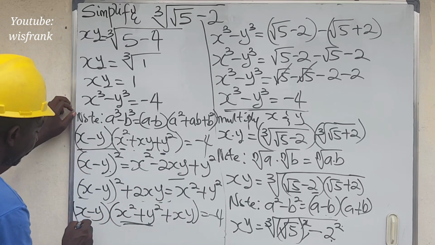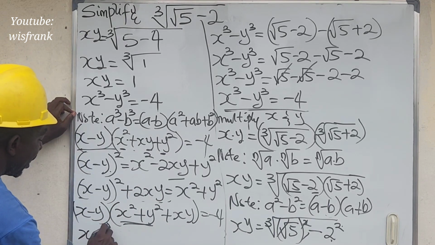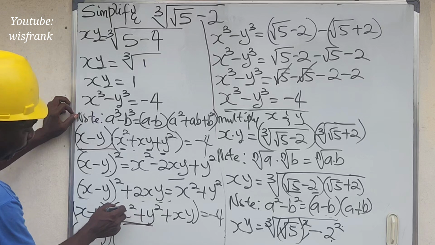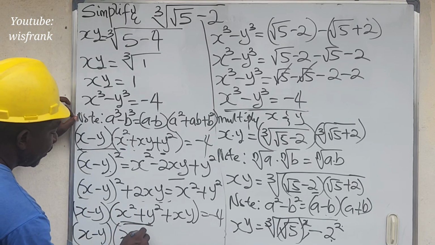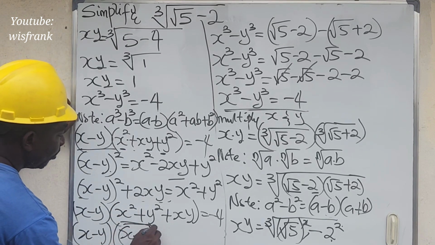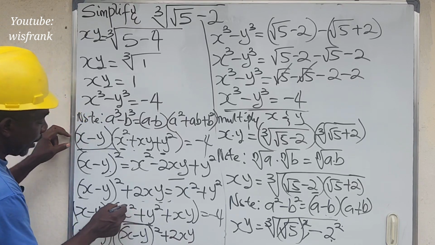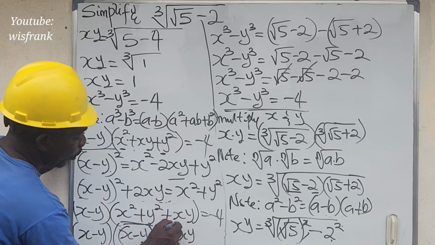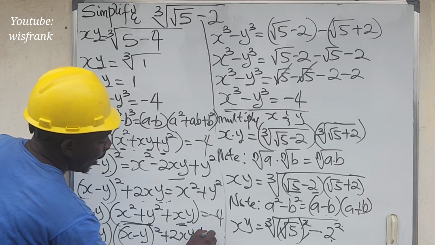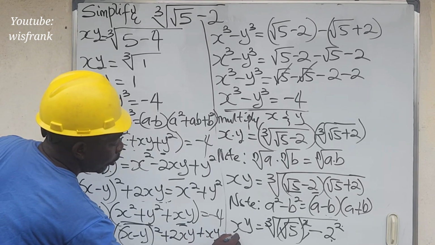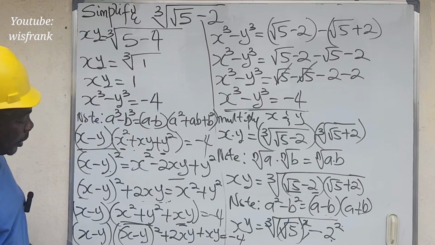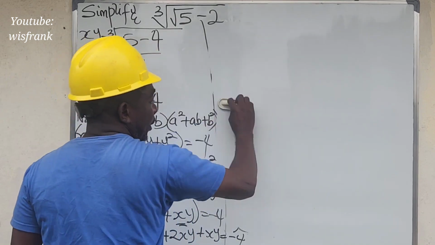So this will become x minus y all into, here we have x minus y all to the power of 2 plus 2xy, because this is what we have here. Then we bring down this plus xy all equals to minus 4. So this is what we have. We need to clean this.